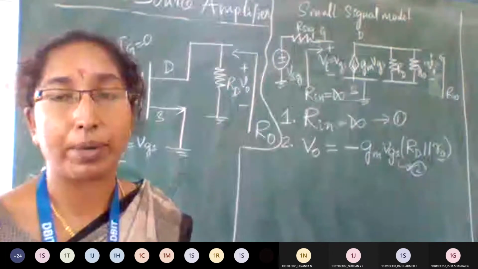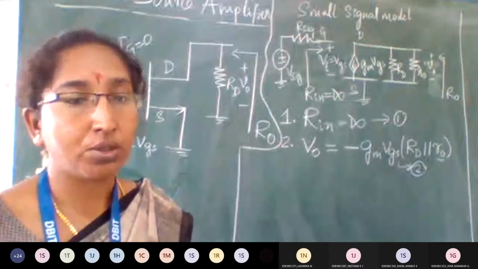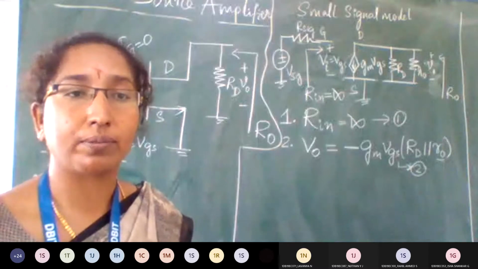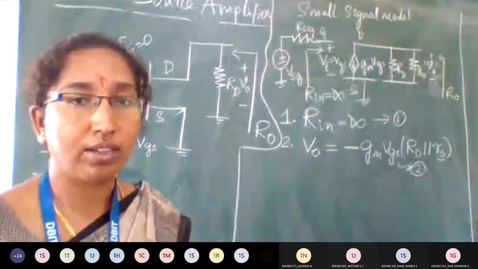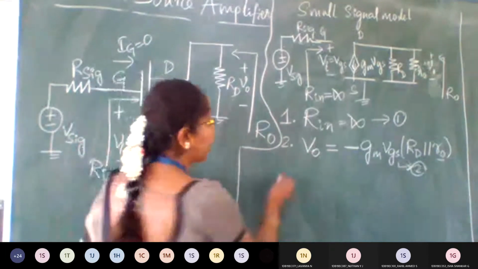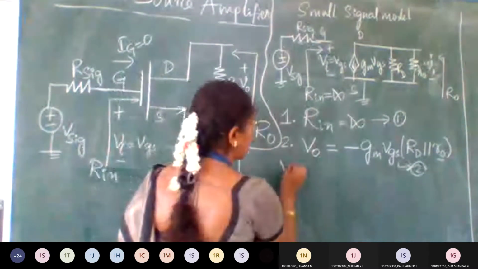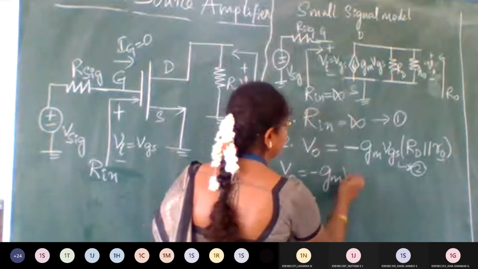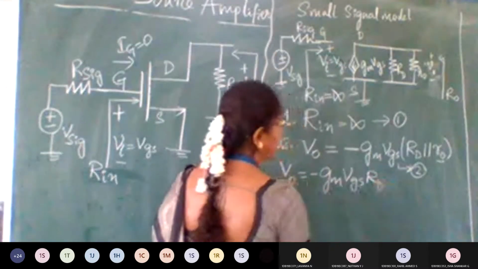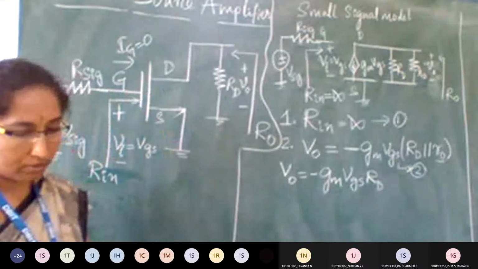I am telling about practical implementation. So finite output resistance will be neglected in the discrete circuit. So if I neglect r0 for the discrete case, V0 can also be written as minus gm into VGS into RD.